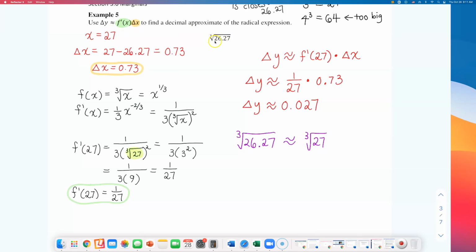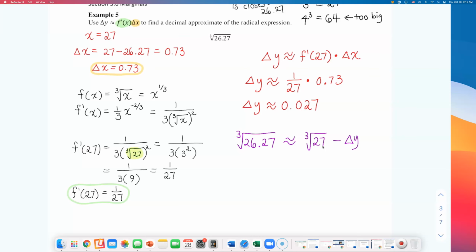But this time, 26.27 is smaller than 27. So we're not going to add delta y. I'm going to have to subtract, because this function is increasing, so I need to go down. If x became smaller, the y will also become smaller. So I'm going to subtract delta y this time instead of adding.